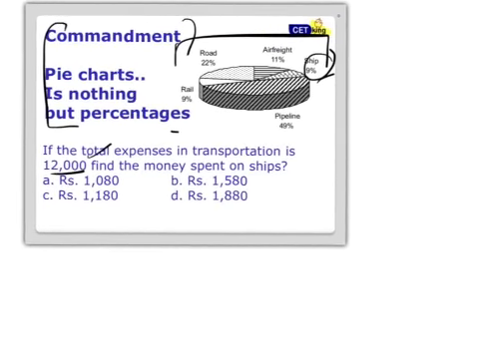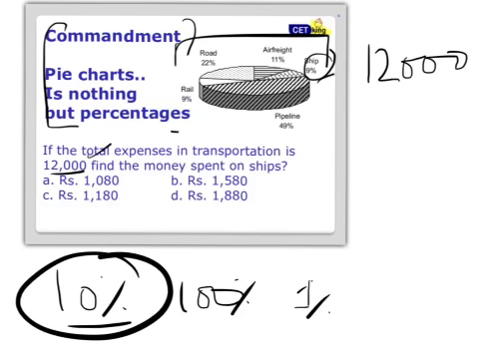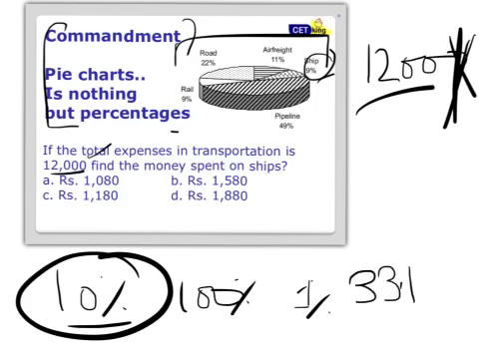But to save some time, what I can do is, see, first of all, if I have to find out 9% of 12,000, the easiest thing to find out is always 10% or 100% or 1%. So what I can do here is find out 10%. Finding out 10% is very easy. All I have to do is remove a 0. So 10% of 12,000 is 1200. How much is 10% of 331? 33.1.